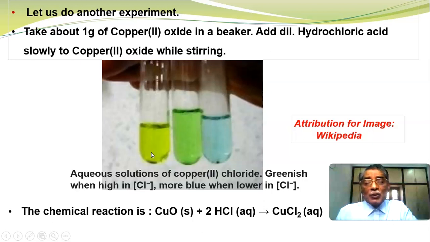That is, copper(II) chloride is greenish in color when the concentration of chloride ion is higher. As the chloride ion concentration decreases, it becomes more and more blue. The chemical reaction is CuO plus 2HCl aqueous gives rise to CuCl2 aqueous plus H2O.